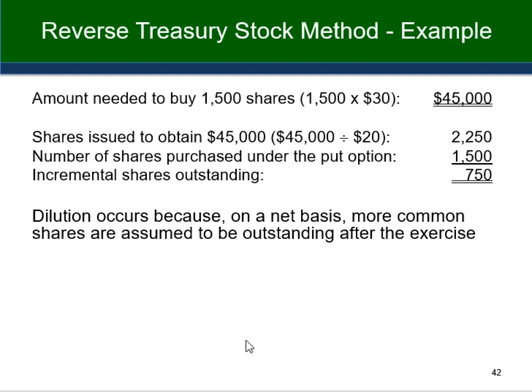And the number of shares purchased under the put option are used to reduce that. So we have to issue 2,250 to satisfy the put option requirements, and 1,500 is actually what's purchased under the put option. So I'm not sure I said that correctly.